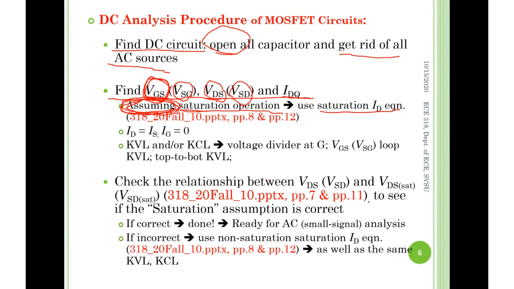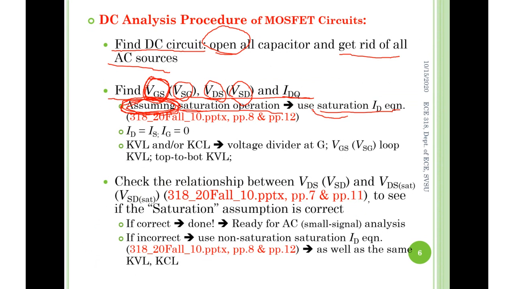You just started, so of course you don't have any result. So at the beginning, you need to assume it's a saturation operation, and then go back to check your result to confirm it's right or wrong. Same logic as in the diode circuit.